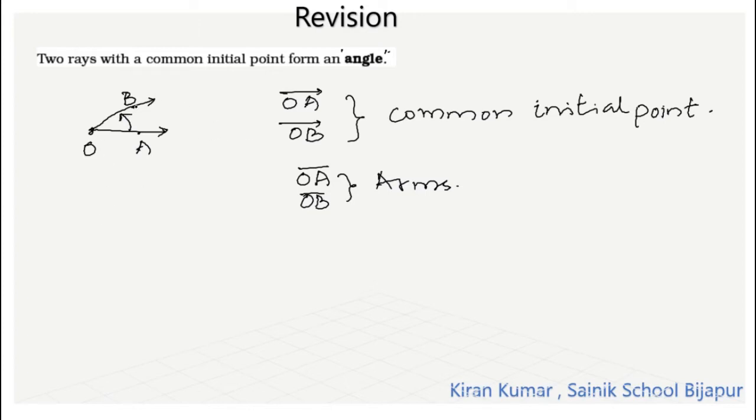If they overlap on each other, the angle formed is 0 degrees, and if the angle ranges between 0 to 90 degree, it is called as a acute angle.